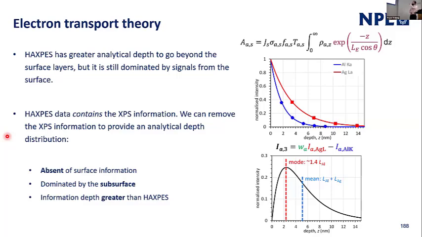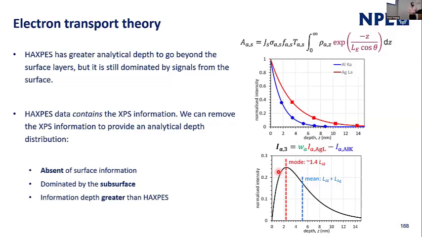So that bottom curve is firstly absent of surface information. There is no intensity at the very surface, the vacuum surface interface. It's dominated by the subsurface. When you compare this to the normal spectra, the surface is the dominant intensity. But in the surface-free depth distribution, it's dominated by the subsurface instead.